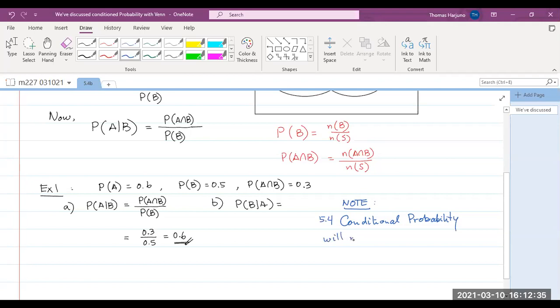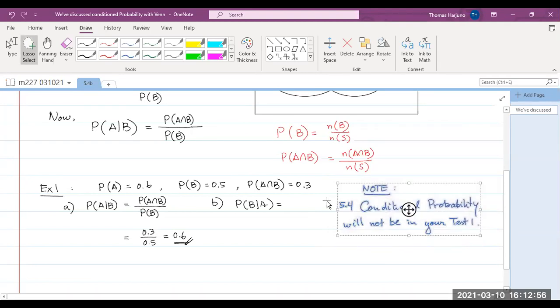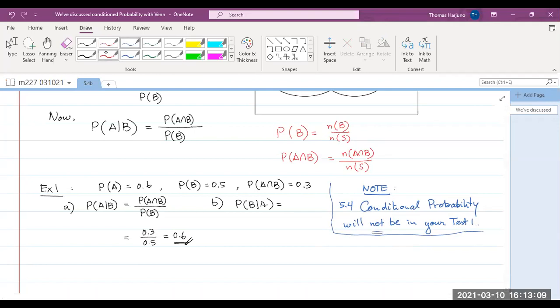Will not be in your test one. But it will be in your test two.